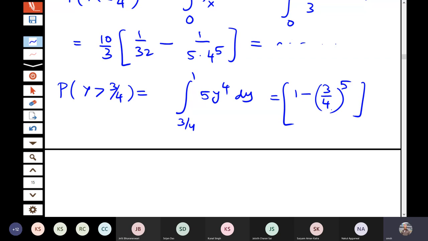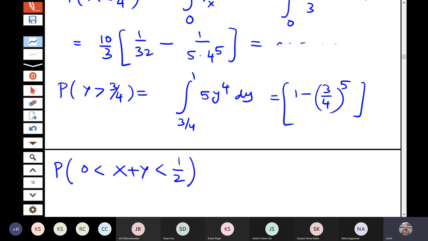We can calculate joint probabilities also. Suppose I ask you, what is the probability of say x plus y less than half? Integrate the density over this region.